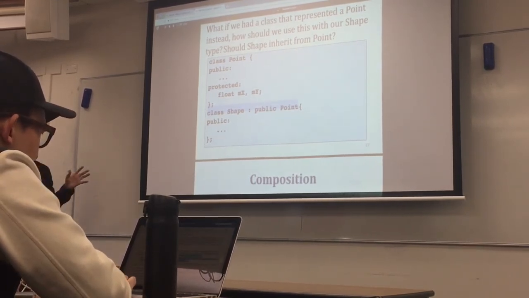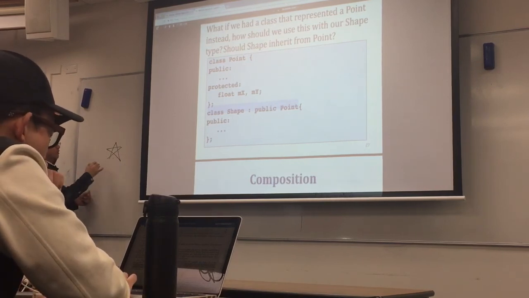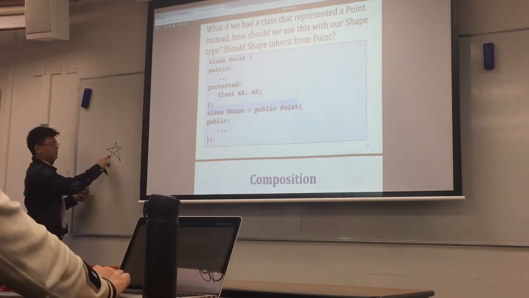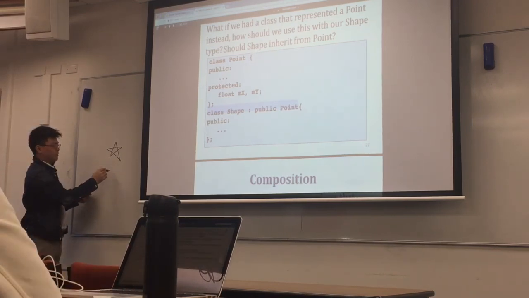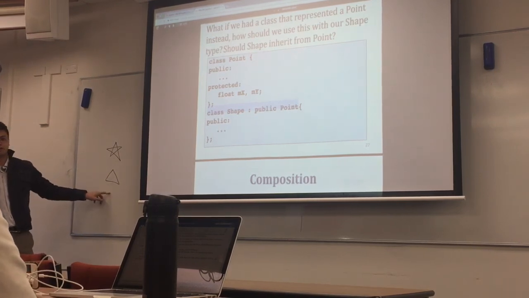Because other than having some very small common parts, all the behaviors are different. To calculate the area of a star is very complicated, and the way that you calculate the area of a star is completely different from calculating the area of a rectangle.